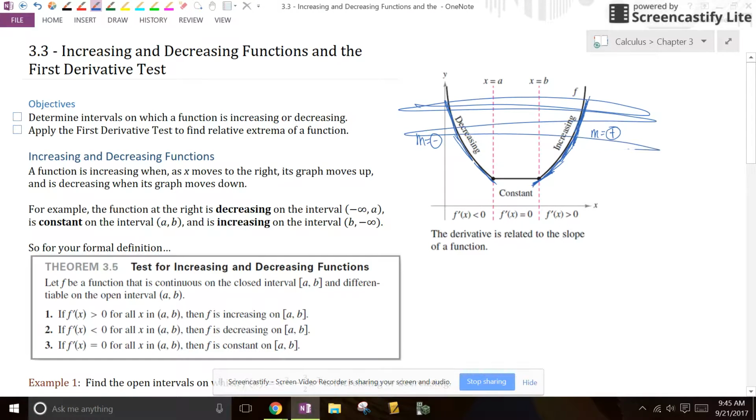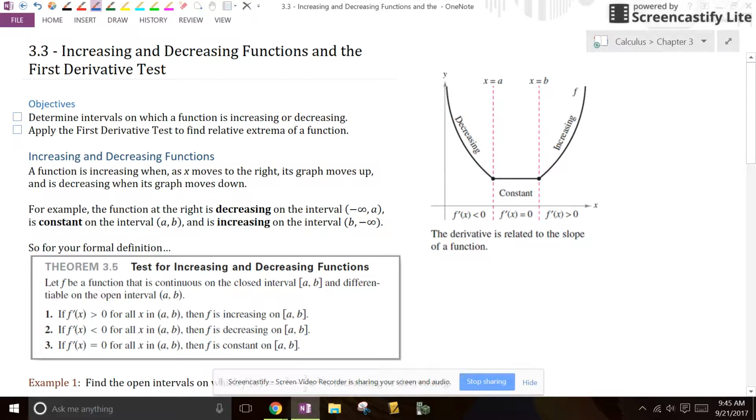So it would be really easy to tell when a graph is increasing or decreasing if you looked at the slopes. Wait a minute, we know how to look at slopes because we look at the derivatives, and that's what we have down here in this theorem the book calls increasing or decreasing functions. It says, if the derivative is positive, greater than zero, then your graph is increasing.